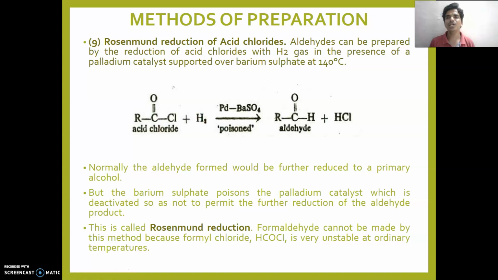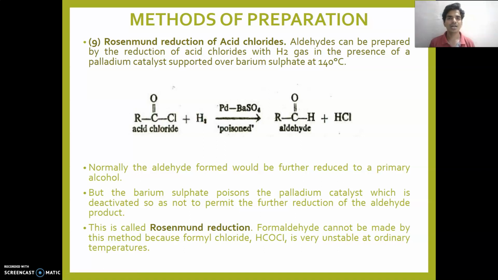And next is the Rosenmund reaction of acid chloride. Aldehyde can be prepared by the reduction of the acid chloride with H2 gas. So this is acid chloride with H2 gas in the presence of palladium catalyst and barium sulfate.